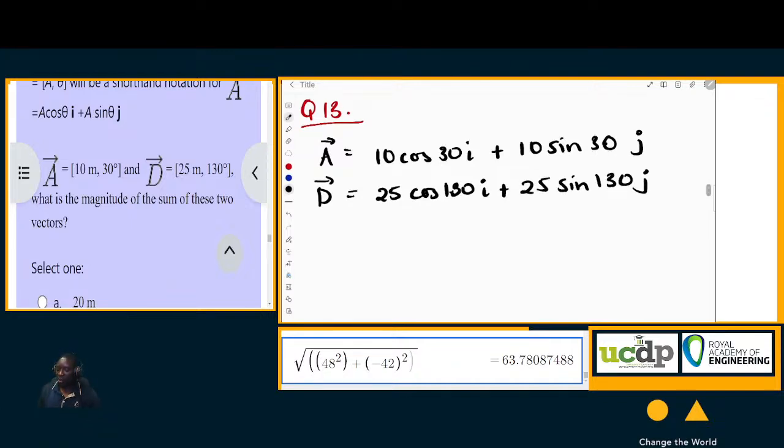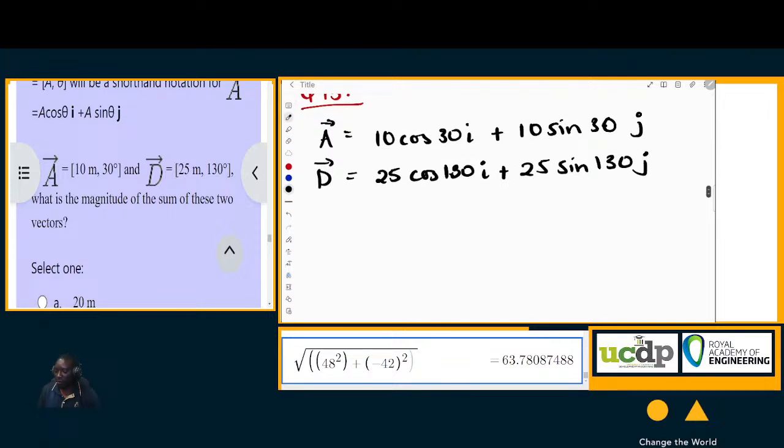Now the sum of the two, A plus D. I can even do this and just add. So A plus D equals 10 cos 30 plus 25 cos 130, adding this to that, this to that, and this to that.